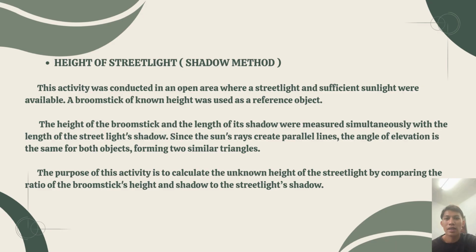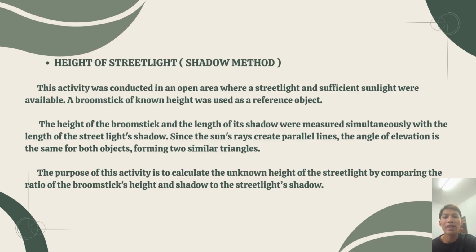So, this slide is about height of street light or shadow method. This activity was conducted in an open area where a street light and sufficient sunlight were available. A broomstick of known height was used as a reference object. The height of the broomstick and the length of its shadow were measured simultaneously with the length of the street light shadow.